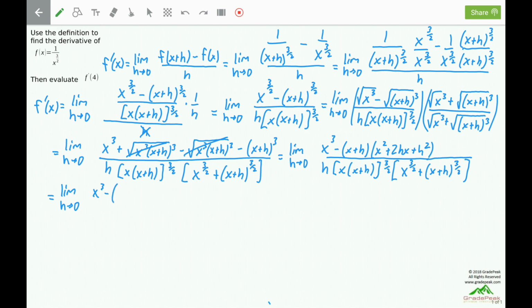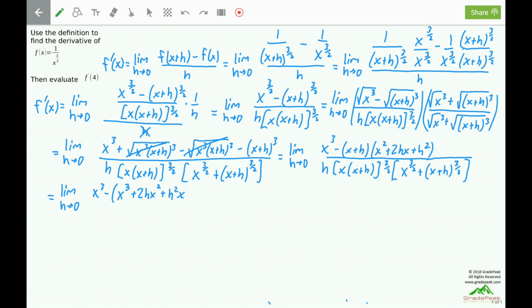We have to subtract all this, but x times x squared is x cubed. x times 2hx is a 2hx squared. x times h squared is a plus h squared x.